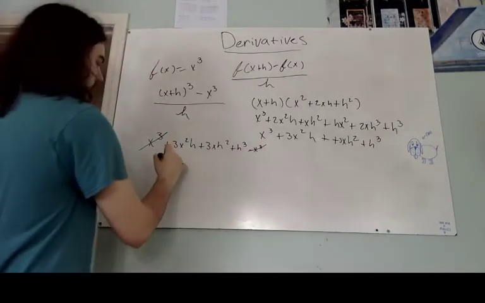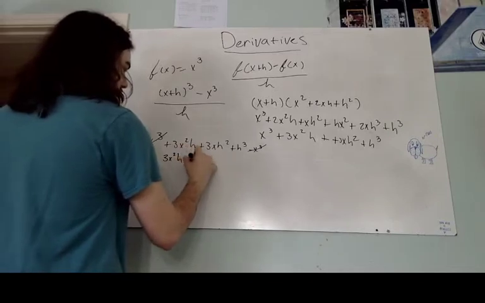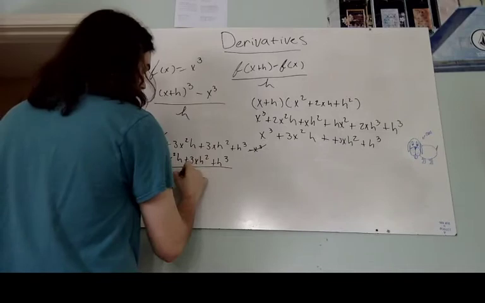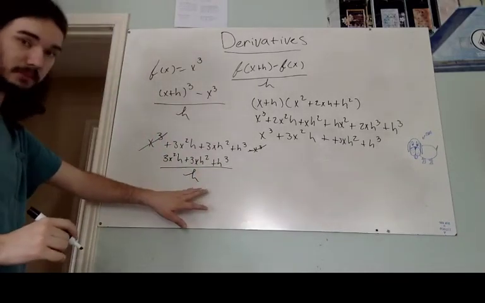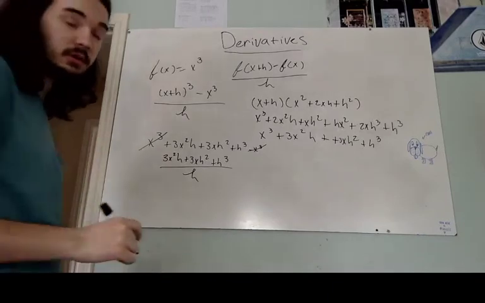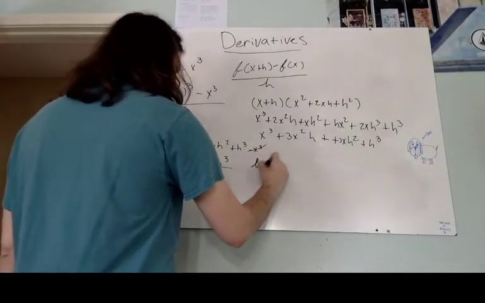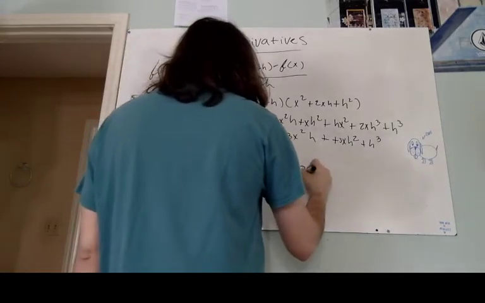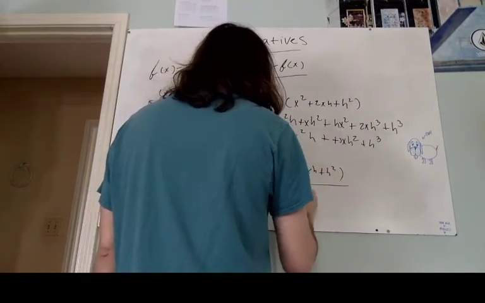So now I just have 3x squared h plus 3xh squared plus h cubed, and all of that is over h. So what do I do? Excuse me, I have to eliminate this h in the bottom. So I just factor out an h from the top. So I'm going to have h times 3x squared plus 3xh plus h squared, all over h.